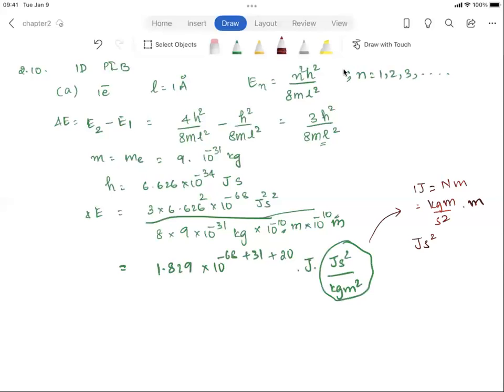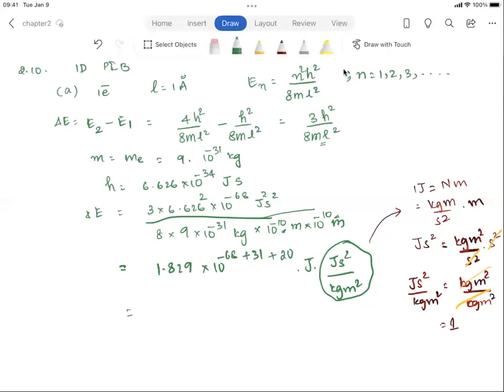So joule second squared is going to be this, and this gets cancelled. And joule second squared over kg meter squared is going to be 1. So the units cancel out well there.